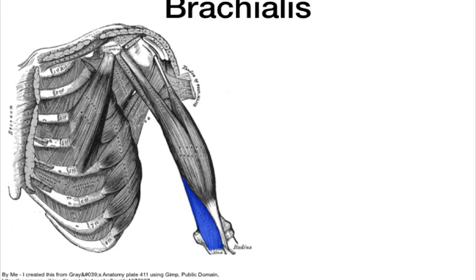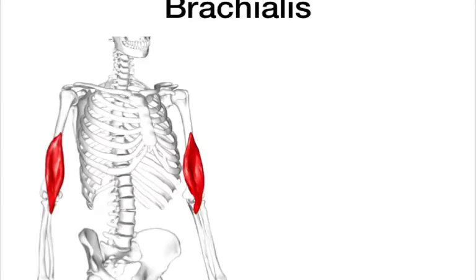This is a smaller muscle and it's a deeper muscle. It's hard to see the brachialis on many images because the only way you can see it is if the biceps brachii is removed. On the models, what you could do is look sideways onto the arm model, and then you will see this muscle. We'll see it better on the next image.